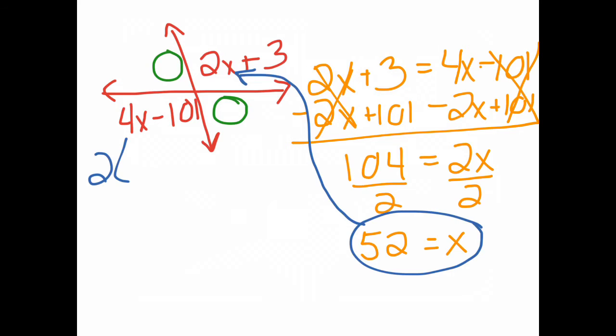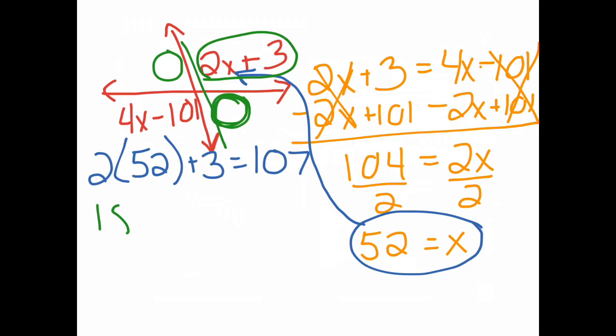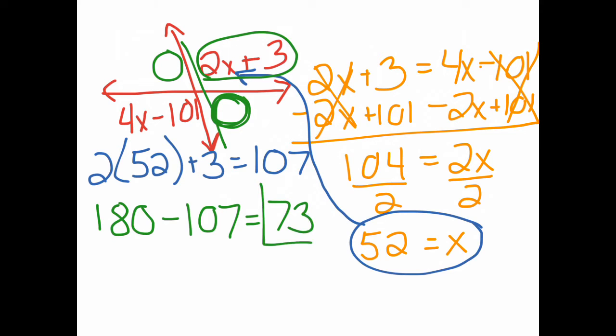We're looking for the green ones, the ones that aren't labeled. So we need to remember that this one here, which we just found out to be 107, is supplementary to this one over here. They make a line. So that means that 180, which is the degrees in a line, minus the 107 that we know that one is, will give us our answer of 73. So the correct answer is 73.